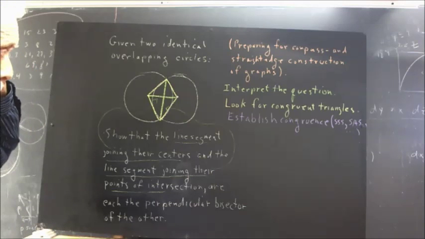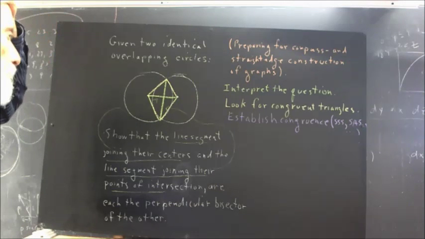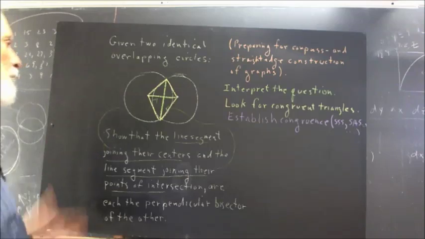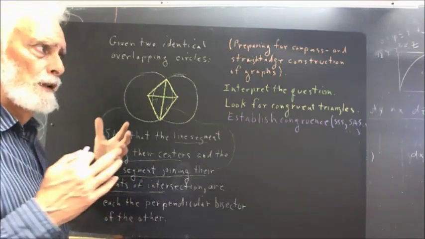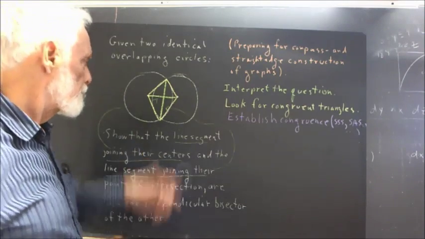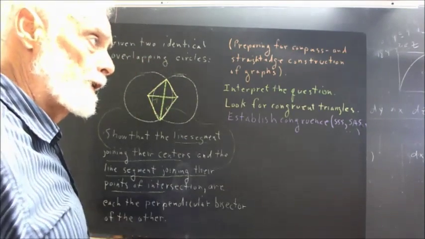So, what can we do? Well, we look for sides of some of these triangles that are equal to one another.